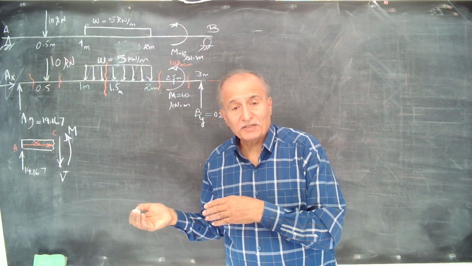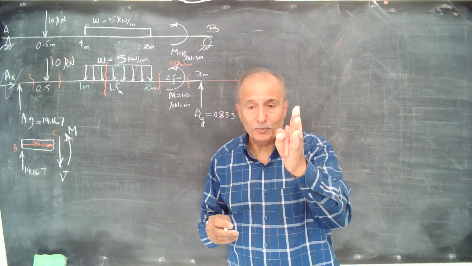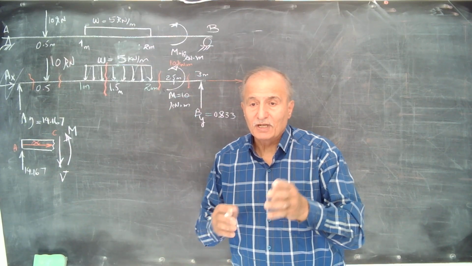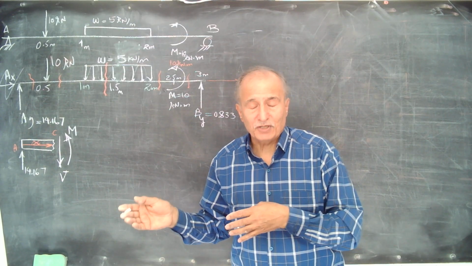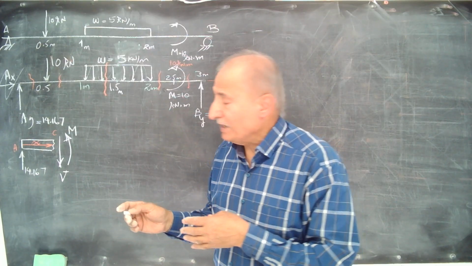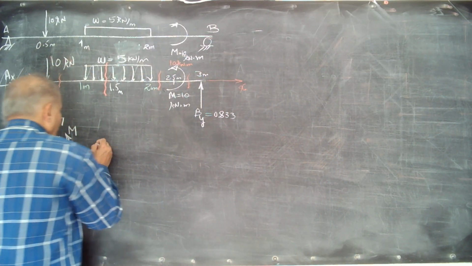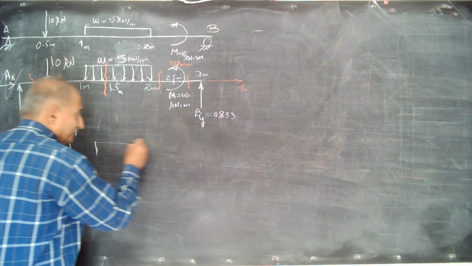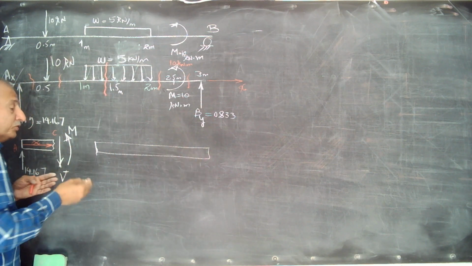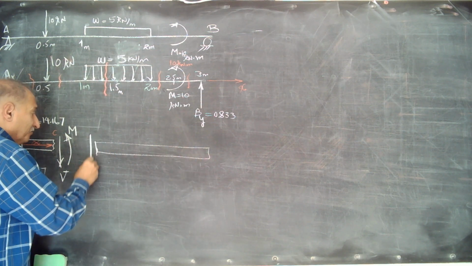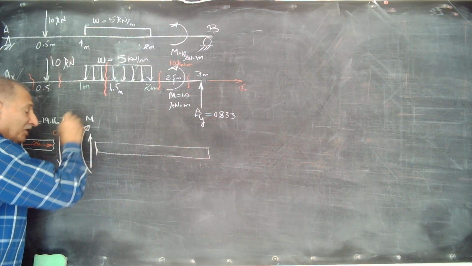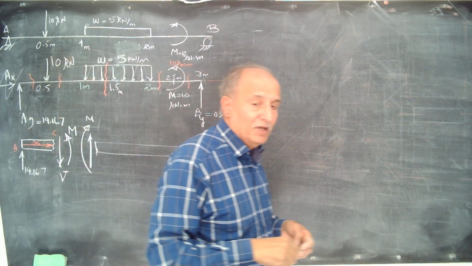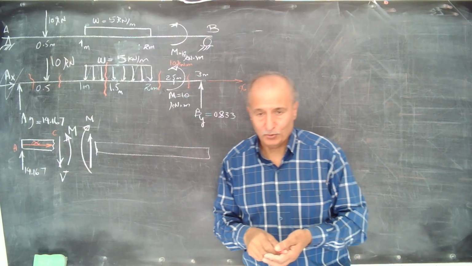If you want to consider the left side, when you give a cut to a beam, you have two pieces, left side portion and right side portion. And for the right side, V is upward and M is clockwise. That's a convention of most of the texts.